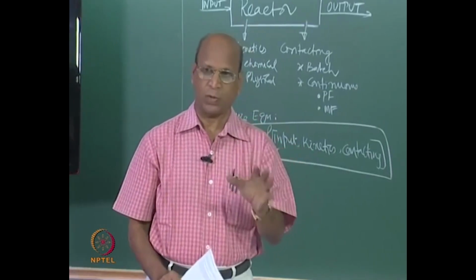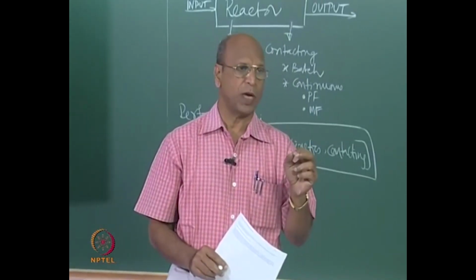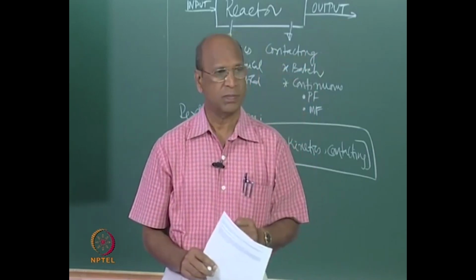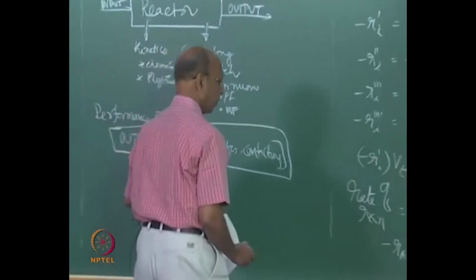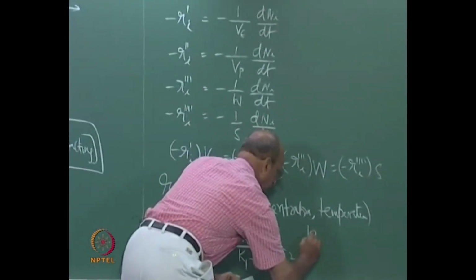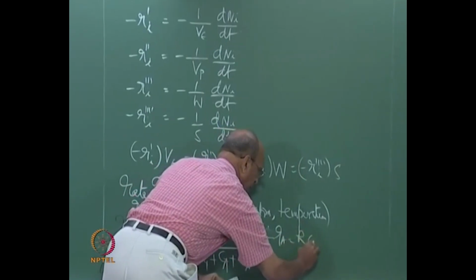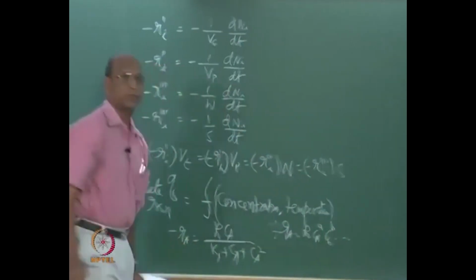Even for empirical orders, where you sometimes find Ca to the power of 1.2 or 1.5, that is only possible if the concentrations are raised to some power. So it should be only in this form: rate as some k Ca to the power of a, Cb to the power of b, etc.